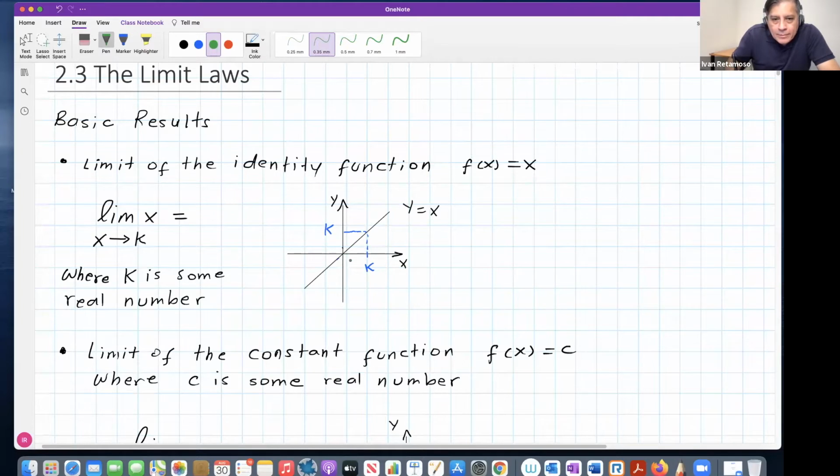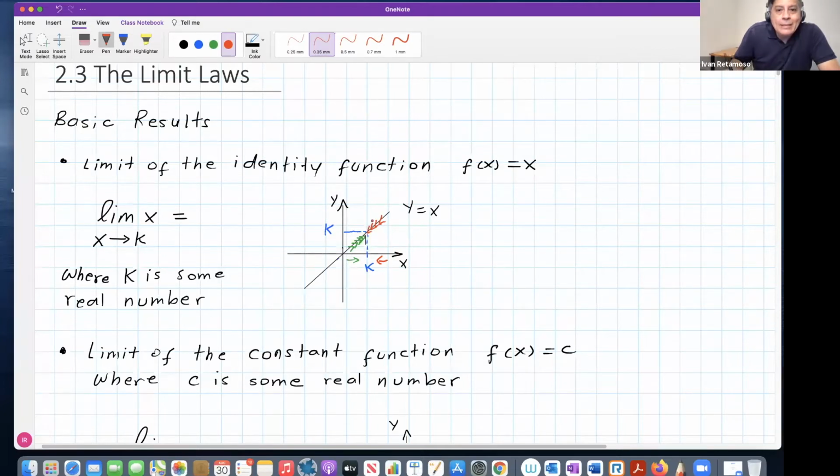If I approach k from the left this way, the corresponding output values go up to k, right? And similarly, if I approach k from the right and look at what happens with the output values, they come down to k as well.